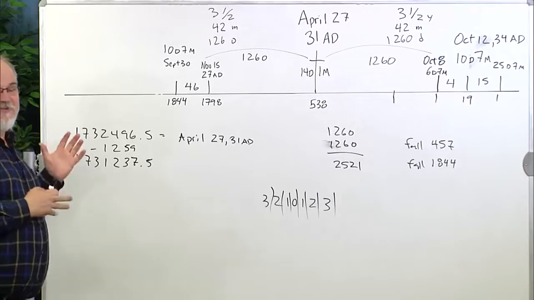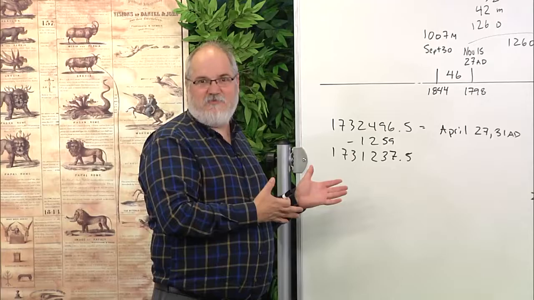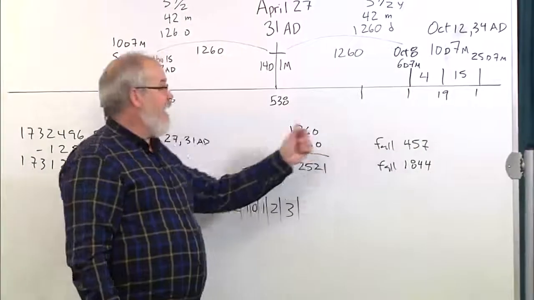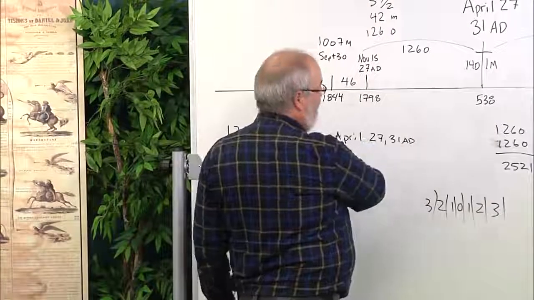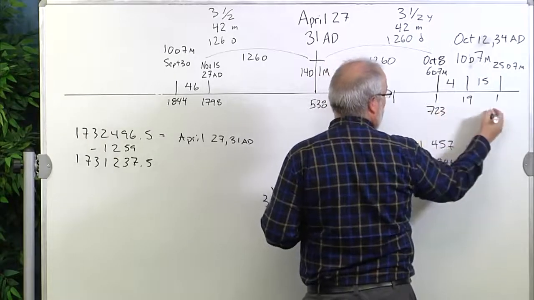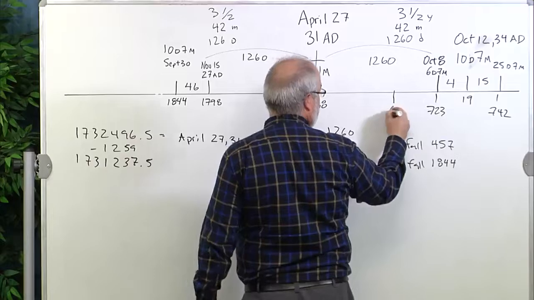So to me it's obvious. Is this obvious to everyone else that this is the way that I should do it, that I should go backwards? That I can't really go this way, I have to go this way to count my years. Because we're going backwards, right? So this is 538, this is 723, and this is 742. And this here would be 677.